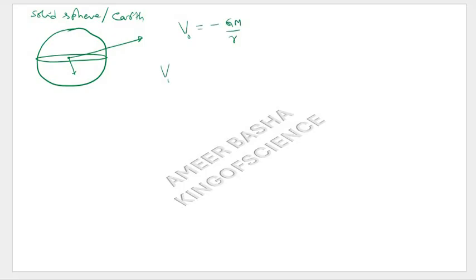For inside points it is a little bit big formula, you need to remember: minus Gm by 2R cube into 3R square minus r square.